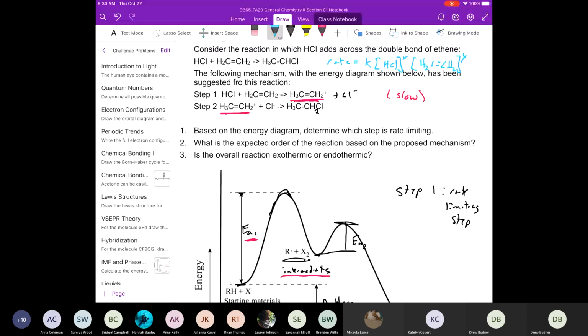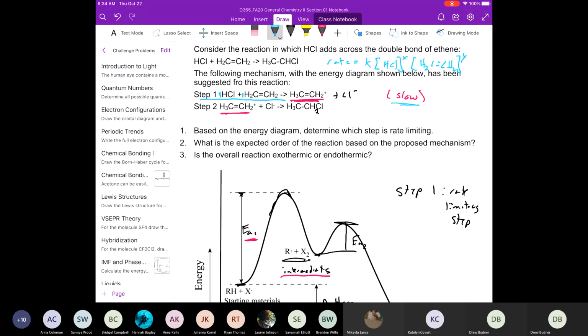If this is the slow step, right, the molecularity of that slow step is going to give us the orders of those, right? So since in this slow step there's one HCl and one ethene, right?